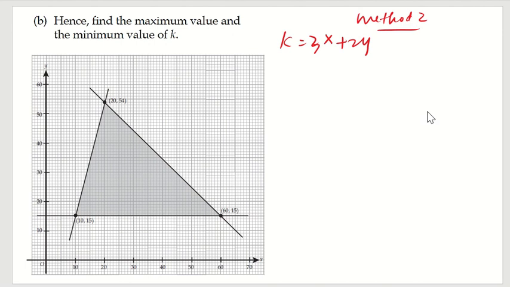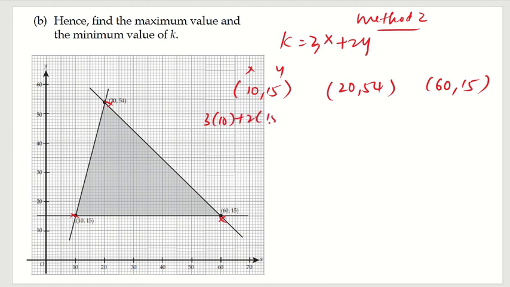Give me 2 minutes more, please. Okay, so method 2 is very simple. 1, 2, 3. Substitute inside. The first coordinate is 10, 15. Second coordinate is 20, 54. Third coordinate is 60, 15. Then substitute: 3 times 10 plus 2 times 15, 3 times 20 plus 2 times 54, and another one, 3 times 60 plus 2 times 15.